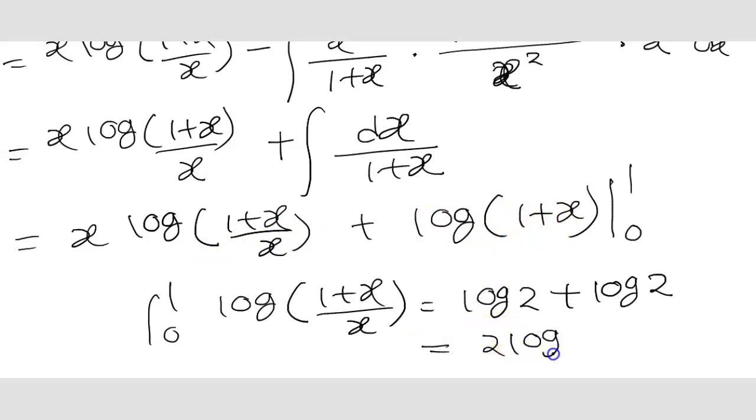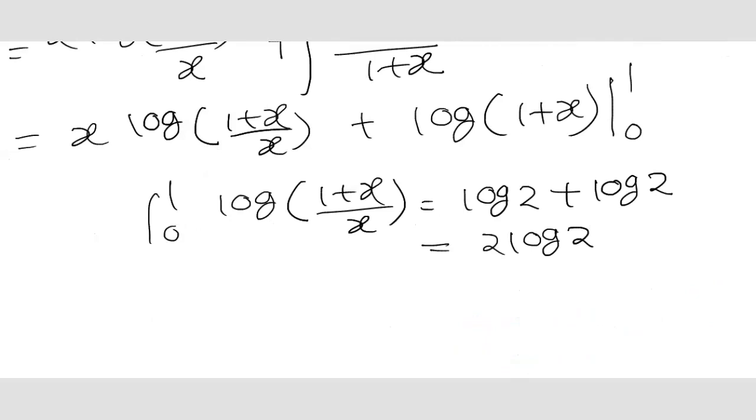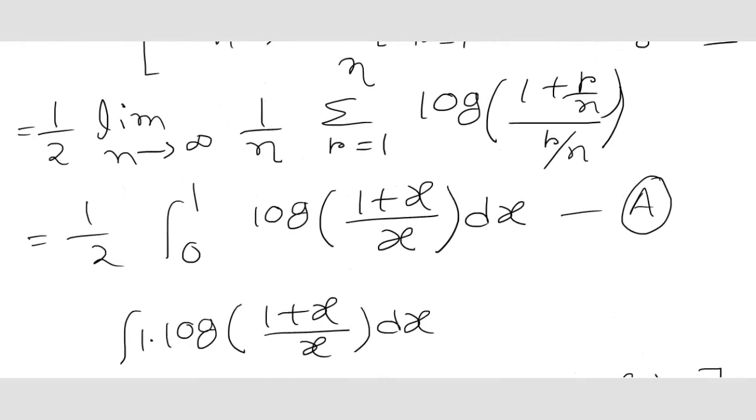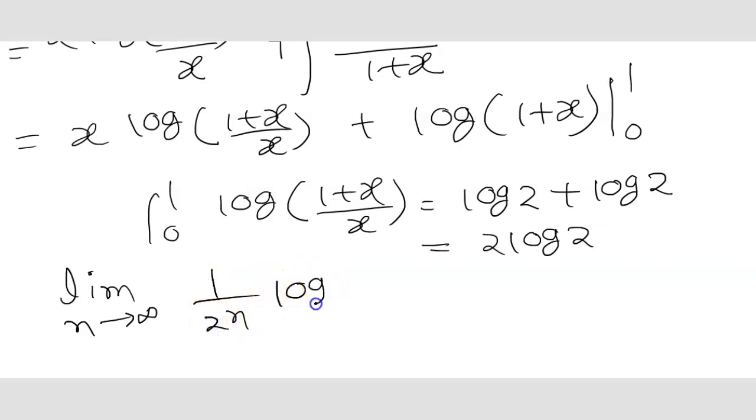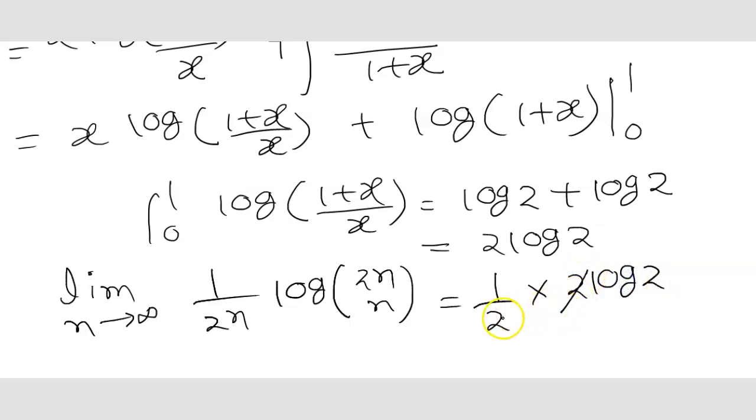So we are left with 2 log 2. Our problem starts with 1 by 2, so it becomes 1 by 2 into 2 log 2. These 2 and these 2 cancel out and we are clearly left with log 2, and this is the answer.